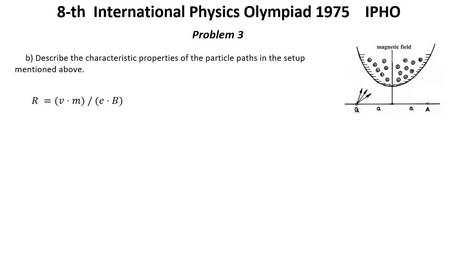The centers of curvature of the ion paths lie on the middle perpendicular of QA, since the magnetic field is assumed to be symmetric to the middle perpendicular on QA. The paths of the focused ions are above QA due to the direction of the magnetic field. So that was a solution for question B.